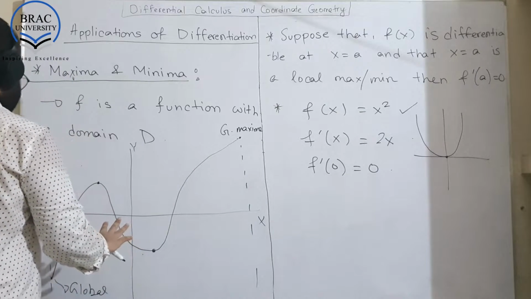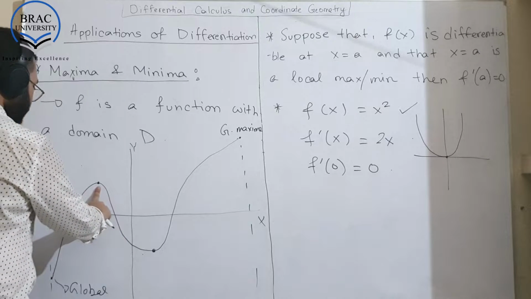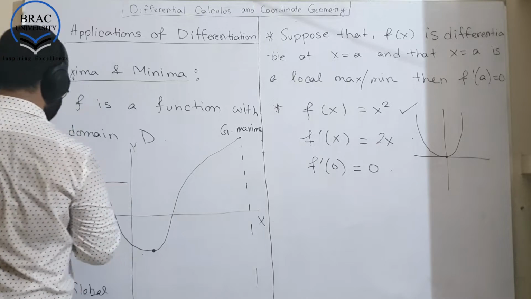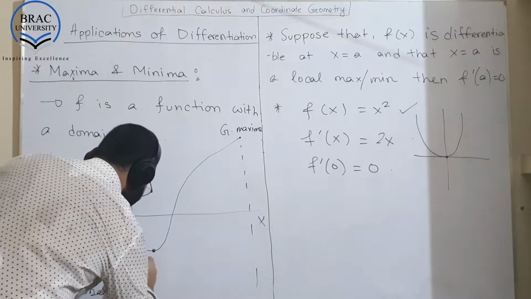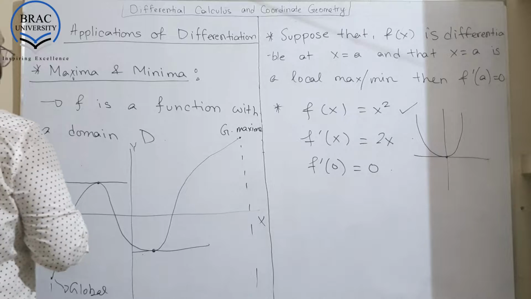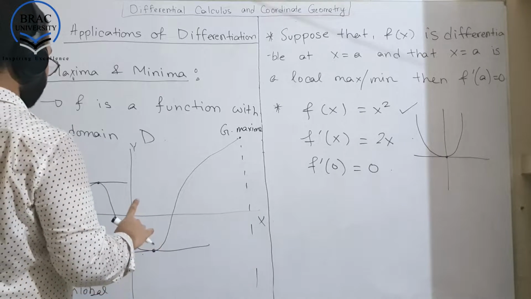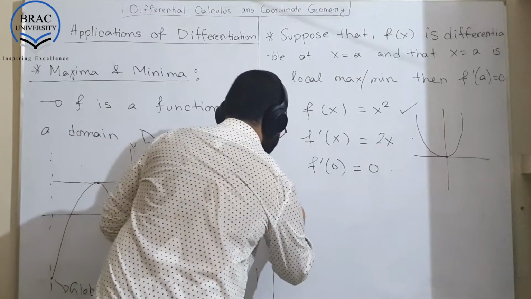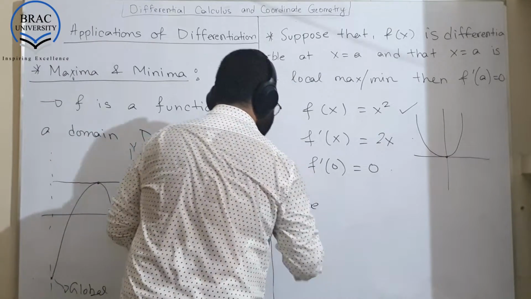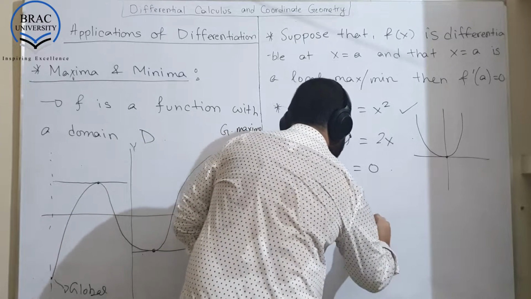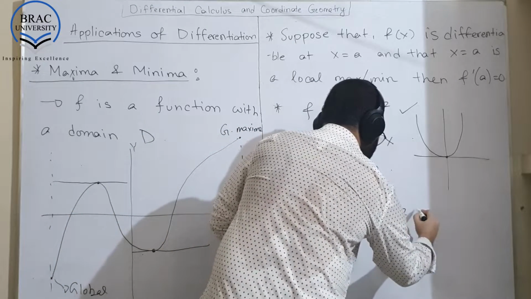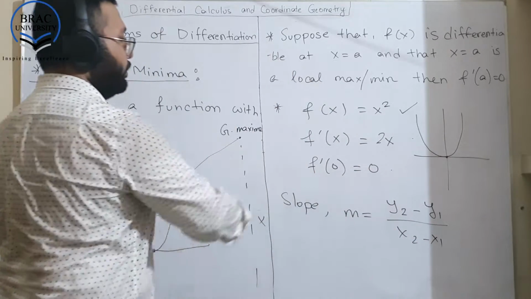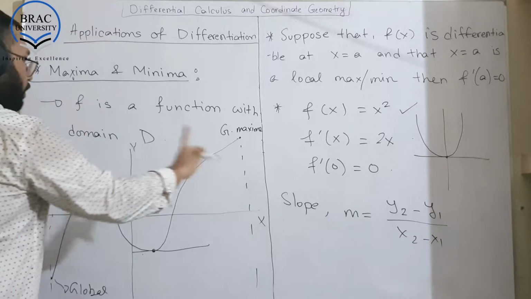We defined differentiation as the slope of the tangent line. So let's draw the tangent line here, and also here. What does differentiation say? It's just the slope of the tangent line, and slope is given by the difference of y coordinates over the difference of x coordinates, y2 minus y1 over x2 minus x1. Hold on to that for now.